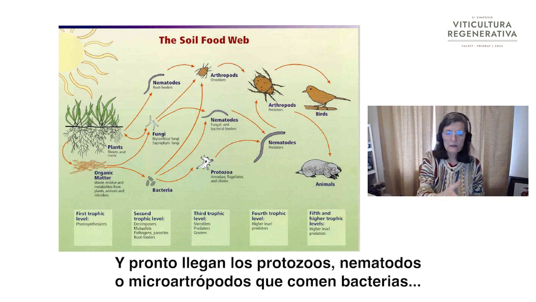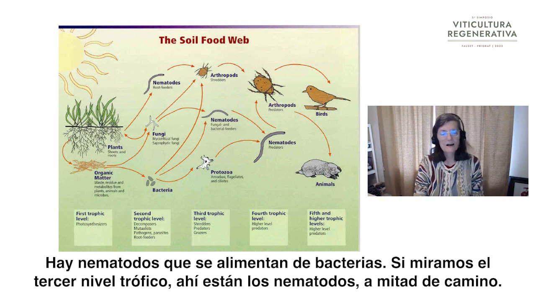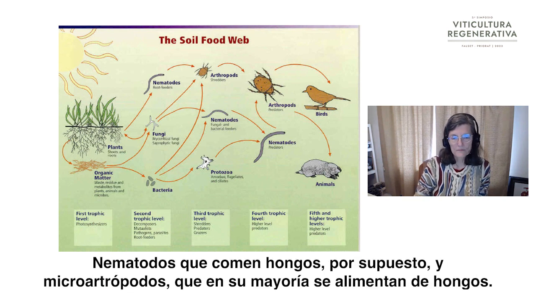And pretty soon, a protozoan or a nematode or a microarthropod, protozoa being bacterial feeding, there are bacterial feeding nematodes. If you look at the third trophic level, you'll find the nematodes halfway up. Fungal feeding nematodes, of course, and microarthropods who are mostly fungal feeders.